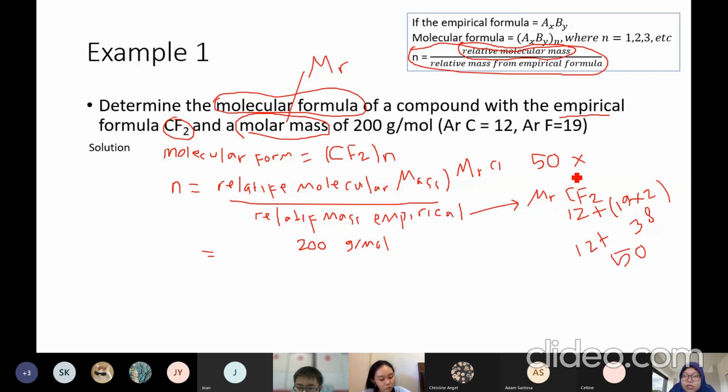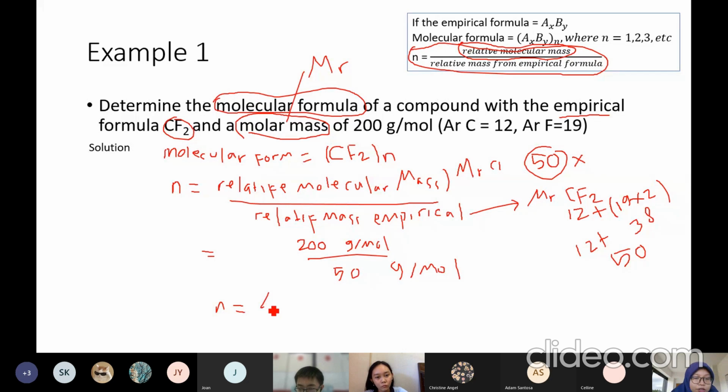Okay. So Charles, 50 is the relative mass from the empirical formula. 50 gram over mole. So N equals 200 over 50. What is N? 4.